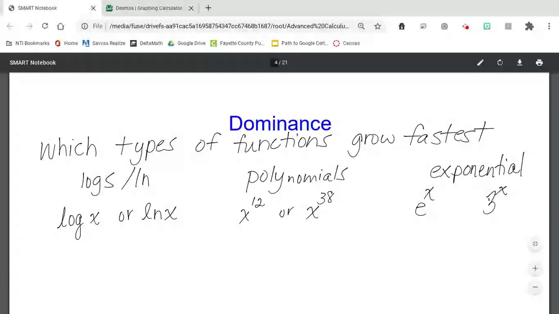And that's really similar to what you guys did last class, where you had to look at the ratio when the degrees in the numerator and the denominator were the same, and you looked at the ratio of those leading coefficients.